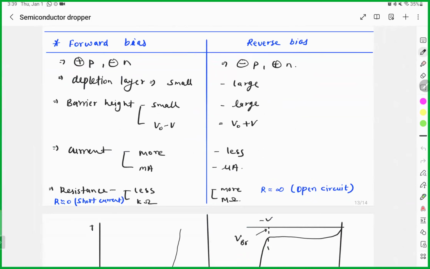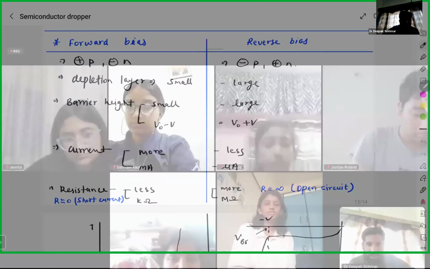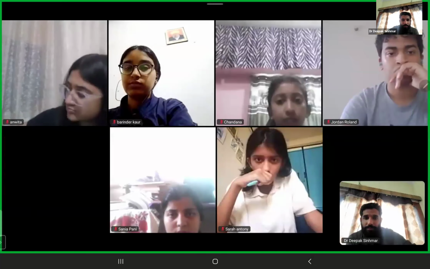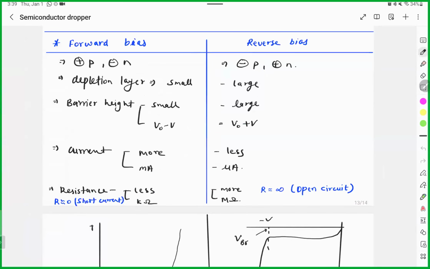And the potential will be small. In reverse, it will be more. Current in forward bias is more and in milliampere, and current in reverse bias is less, in microampere.